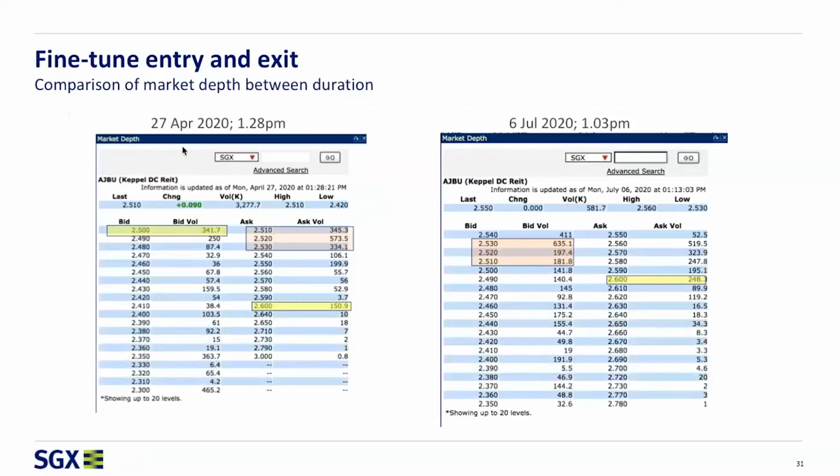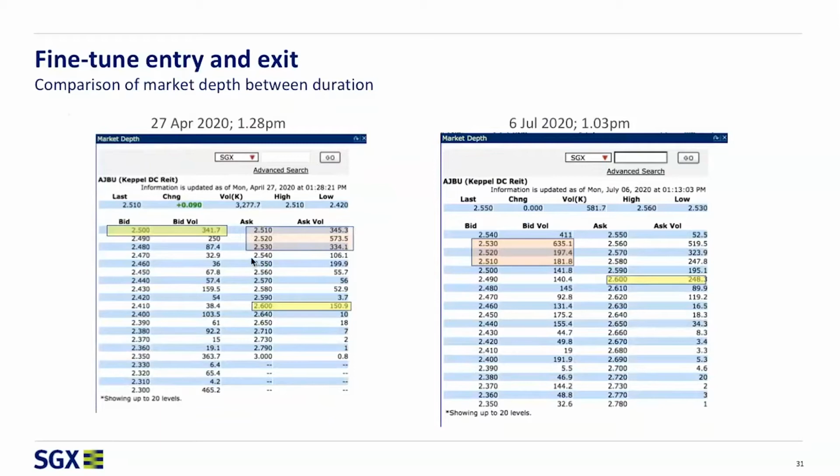Because on the 27th of April, I showed another market depth information in the Capital DC discussion. What I showed was that on the ask side, we had quite a huge volume coming in to sell, meaning that these would be your price ceiling.